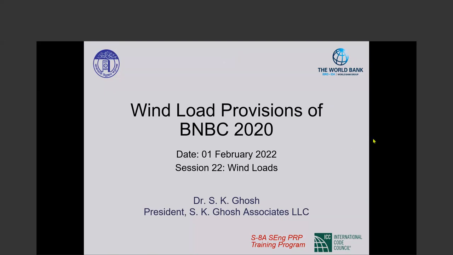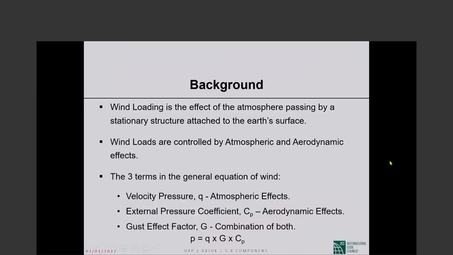Despite the time constraint, I would like to start basically from scratch. I think that makes for better understanding. I will not spend too much time on this front material, but I want to start here. So wind loading is the effect of the atmosphere passing by a stationary structure attached to the Earth's surface.